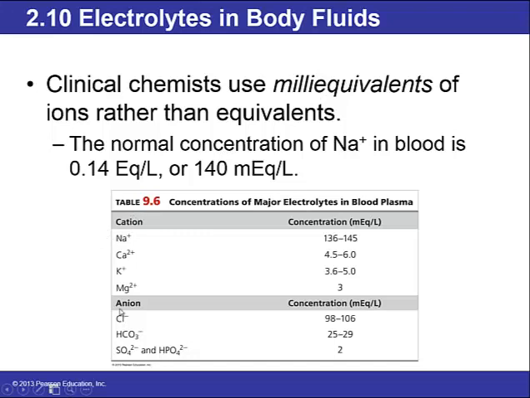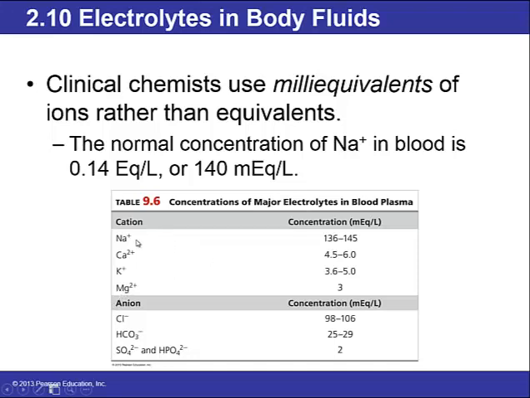So this table is just showing you some of the major electrolyte concentrations within blood plasma. We can look at different cations, things like sodium and calcium, potassium and magnesium levels. You can get the concentrations within the blood. And you can see that oftentimes there are ranges for these concentrations. So sodium, for example, will range between 136 and 145 milliequivalents per liter.